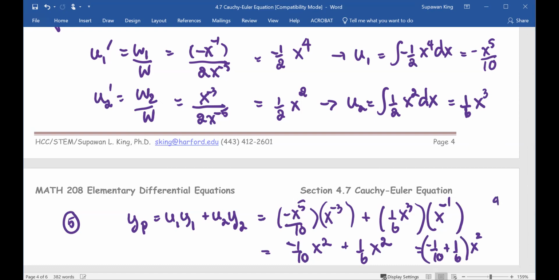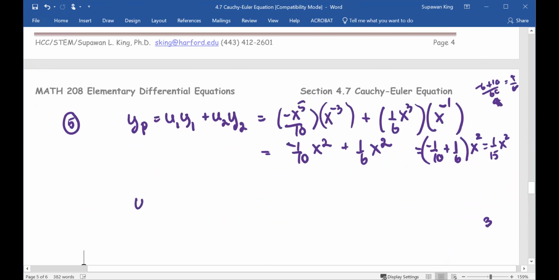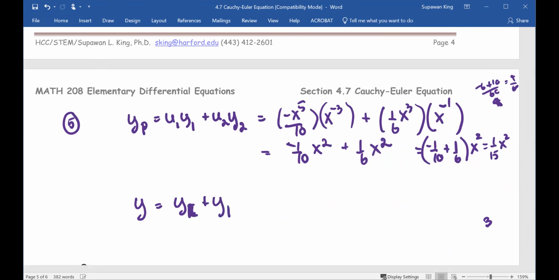So we get 4 over 60, which is 1 over 15 x to the second power as the simplified form of the yp. And then the solution for this problem is y equals yc plus yp, or the form of c1 x to the negative third plus c2 x to the negative first plus the yp, or 1 over 15 x to the second.